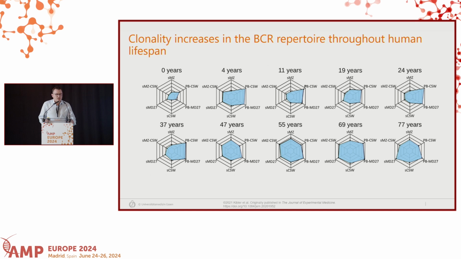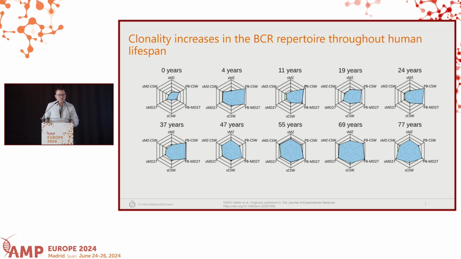Here you can see a clonality analysis. So basically the blue area in these spider plots represents the fraction of sequences that correspond to clones. While in infants we don't see many clones, this changes quite early during childhood.